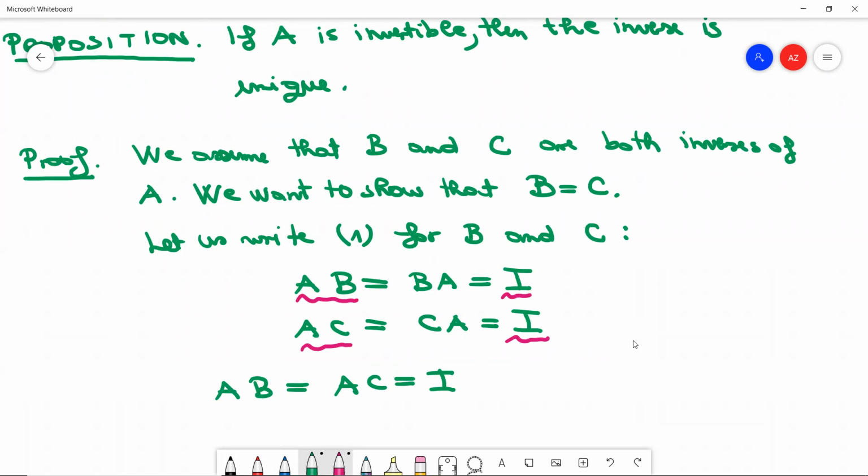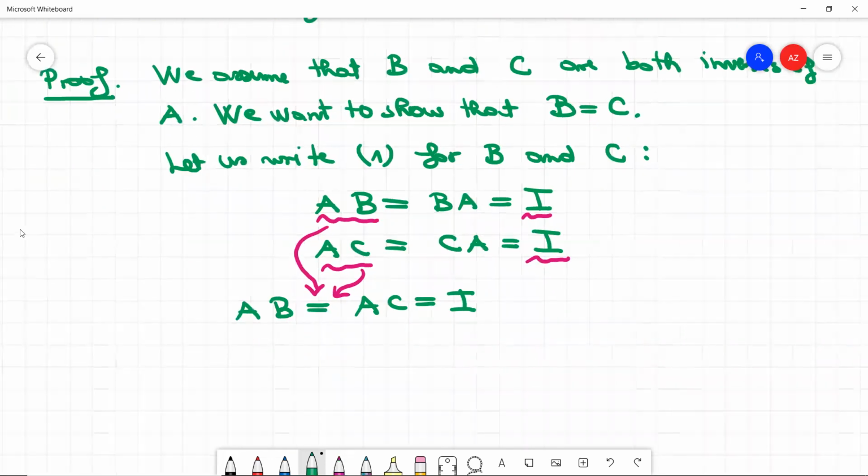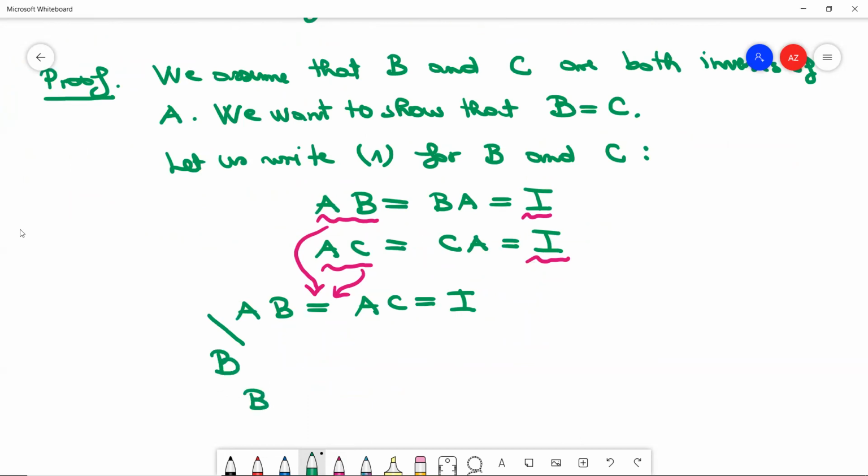That's why they are equal. So I used those facts. And then, as Matej suggests, we multiply this by B from the left. And what we get is BAB is equal to BAC is equal to B.